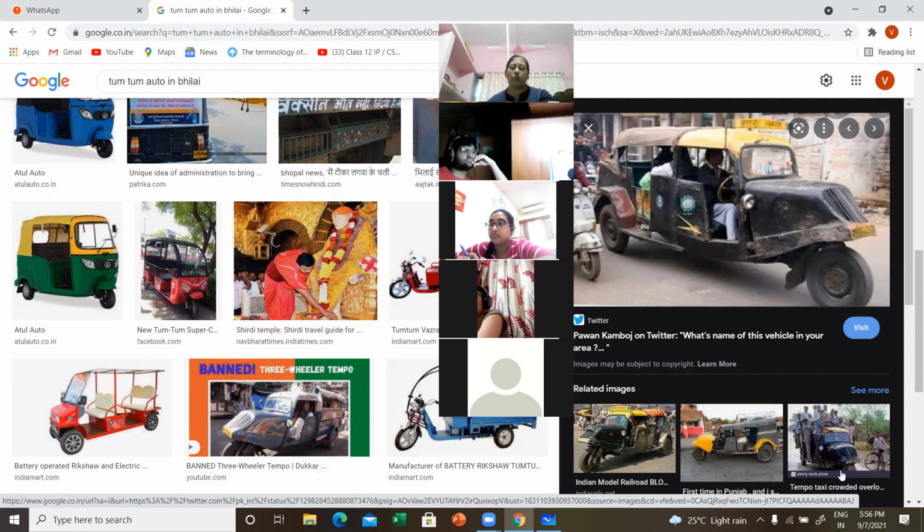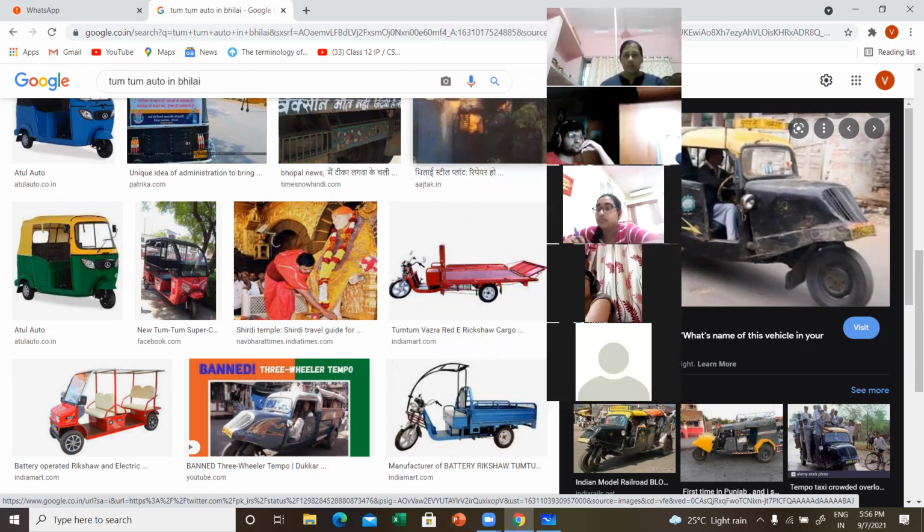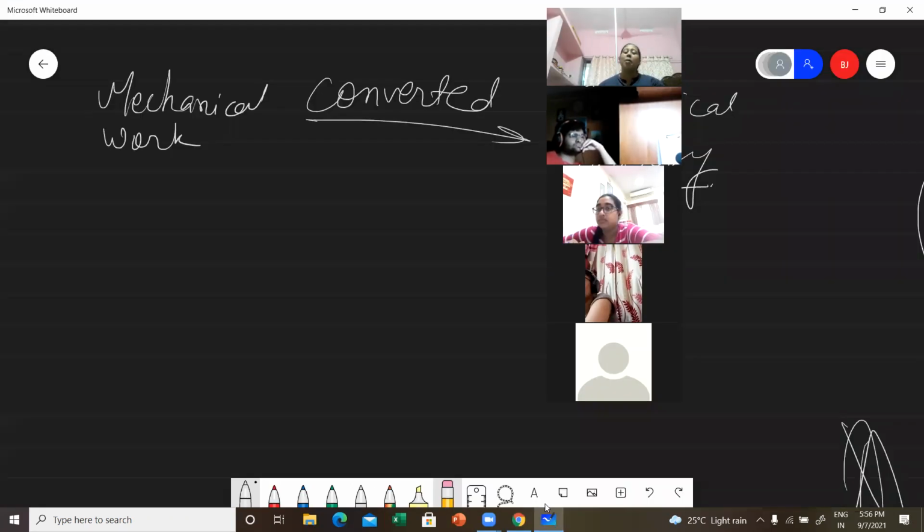Because of that reason, it is now going to be banned, but there are still some people driving this auto. So that is also my mechanical work converted into electrical energy. In my auto also there is a battery, there is electrical energy. Correct? Now, second point.